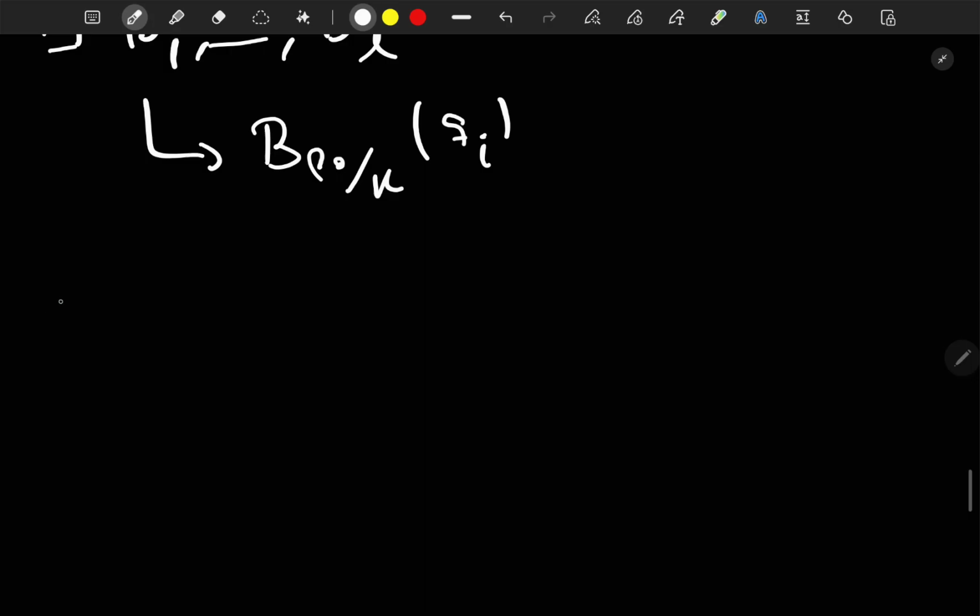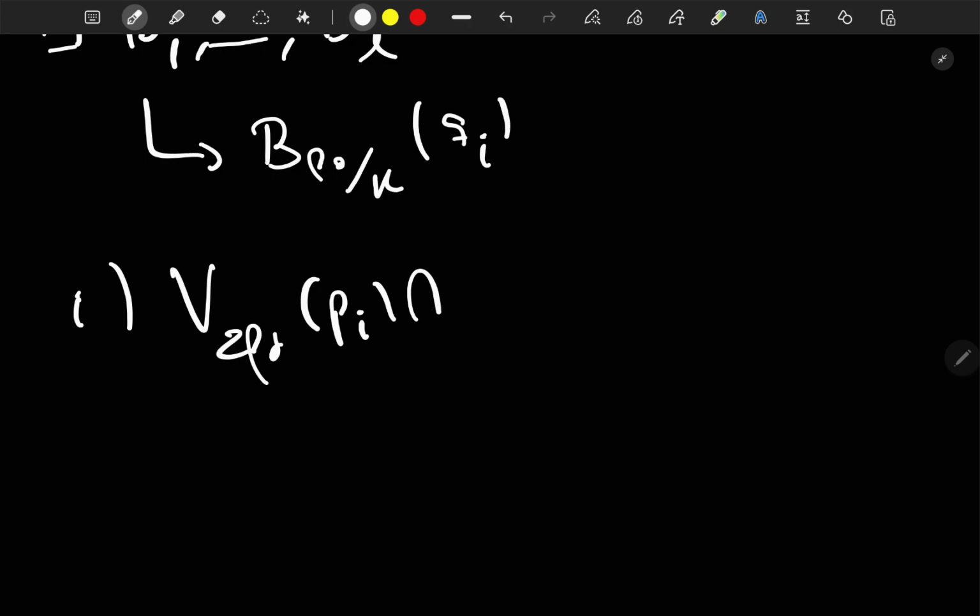And the main thing is that if you take the center disks on such points, this qi should be py.